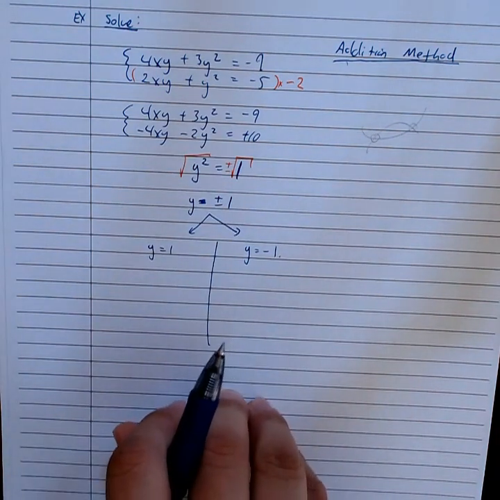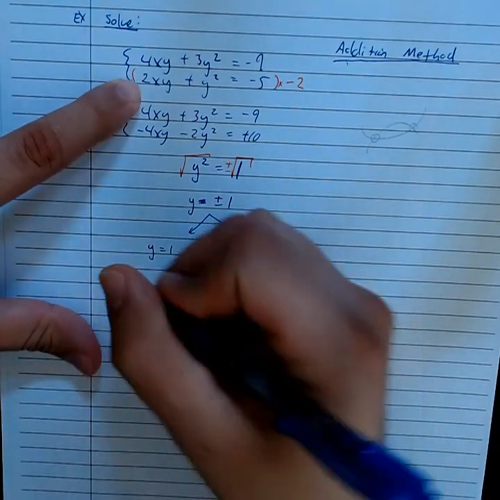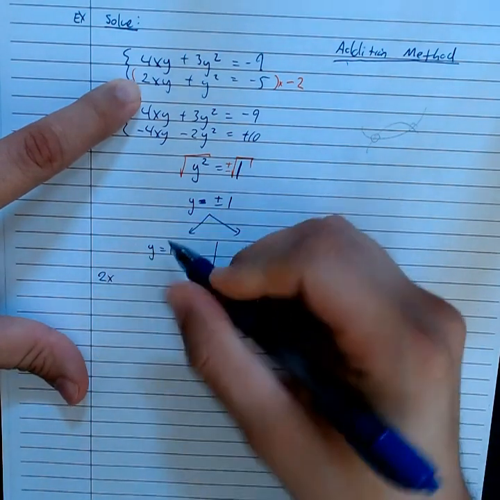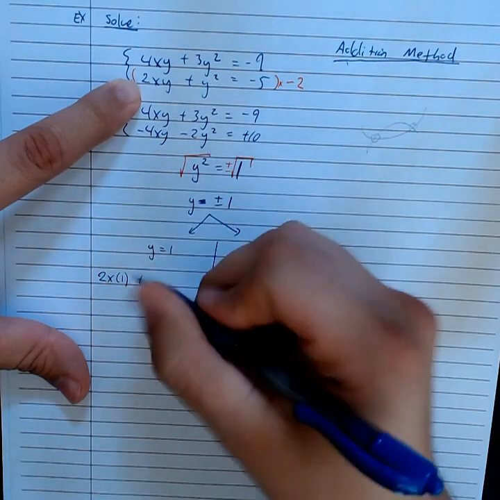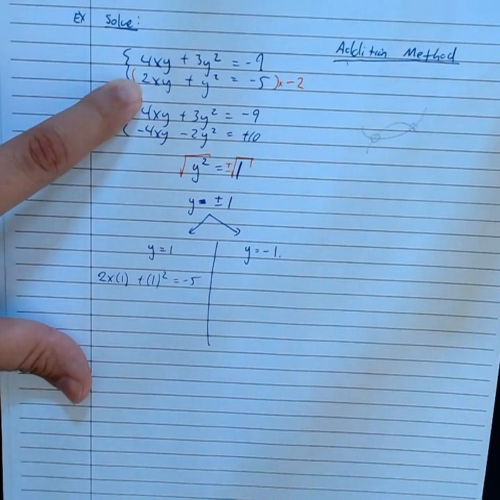It doesn't matter which one we plug into. I'll use this bottom one because it has smaller numbers. That's really the only reason. So I'm going to say 2 times x times y, and I said y is the number 1, plus y squared, which is really 1 squared, is equal to negative 5.